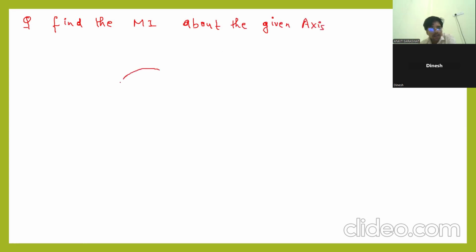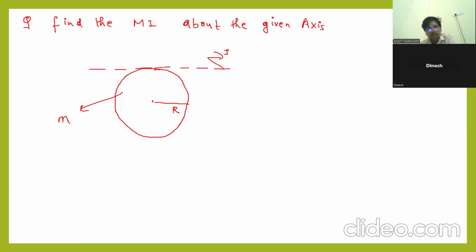This is the ring, with center and radius. This ring has mass small m. My question is, find the moment of inertia about this axis. It is tangent to this ring. What is the answer?